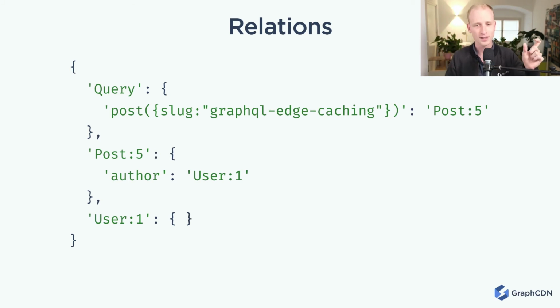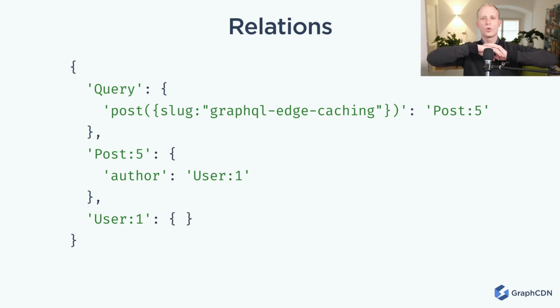If the post with the ID 5's author is queried, that means the user with the ID 1. And if the user with the ID 1 is queried, that doesn't have any relations, so we're fine on this table, nothing more to resolve. But that way you can store all of these relations separately, and depending on what the query is actually fetching, you can return subsets of data really easily.